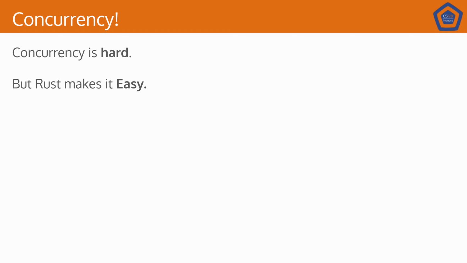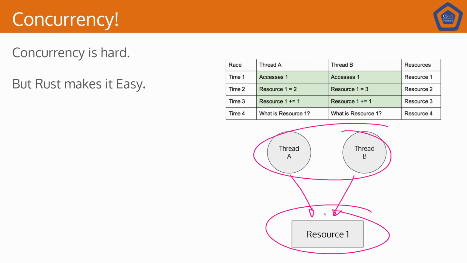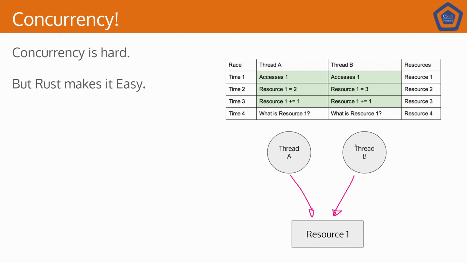Some of the more keen-eyed of you might have realized some of the terminology we're using here is very similar to ownership. And so we go back to our original example. Thread A accesses resource 1, and thread B accesses resource 1. Well, we have two owners over resource 1, do we not? So either thread B needs to be an immutable reference where it cannot write, or thread A needs to be an immutable reference where it cannot write, or both of these can be immutable references, but only one thing can have ownership over this if they're sharing it, right?